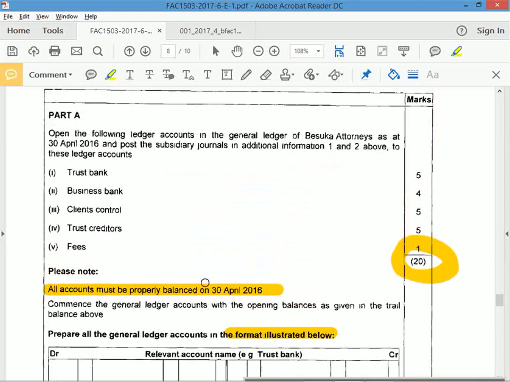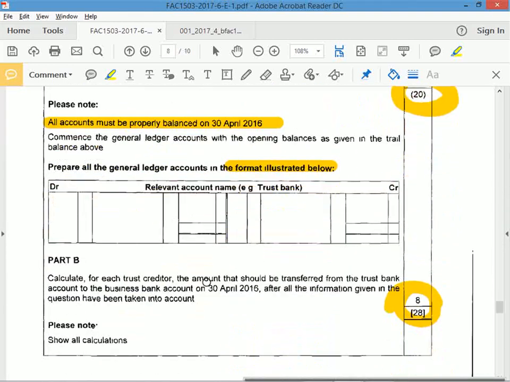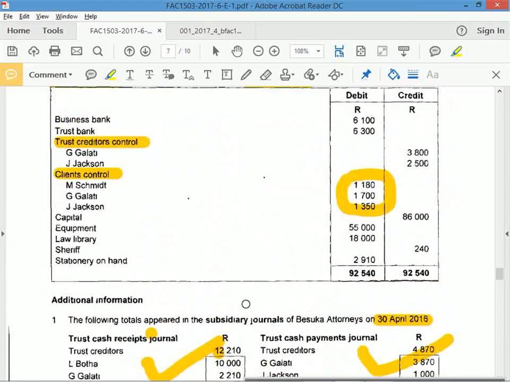So we're looking at individual clients, because they said for each trust creditor. So we need to analyze the trust creditors. Let's see, where are they? There's 2 of them, Jackson and Galatu.